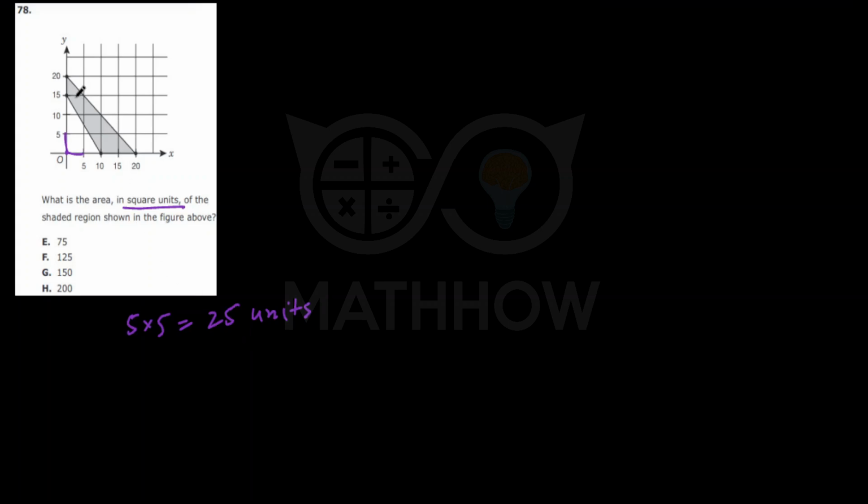And we counted that there are a total of 5 complete squares in this shaded region. So the area of the shaded region will be five squares multiplied with the area of 1 square.